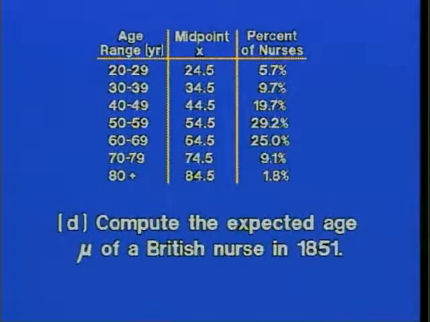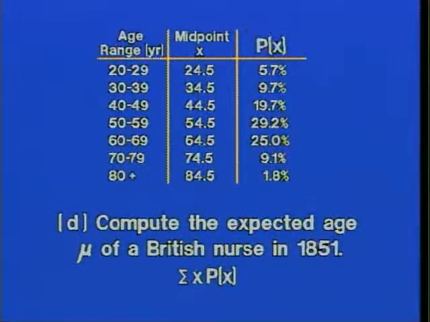Compute the expected age, mu, of a British nurse in 1851. The expected age, the mean age, you see, of a nurse in 1851. We have a formula associated with that idea. It's the sum of xP(x), and it just means that we need to multiply the values in a couple of columns. Now, let us understand that the percent of nurses is just the P(x) column, like this.